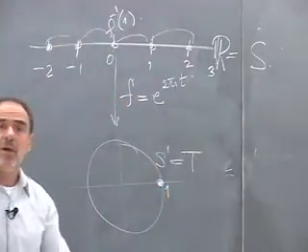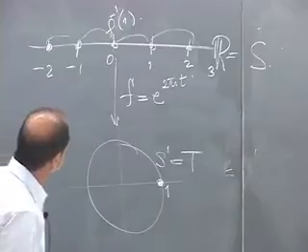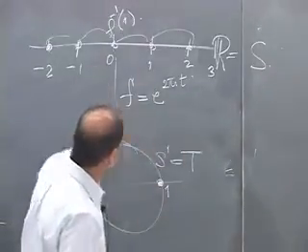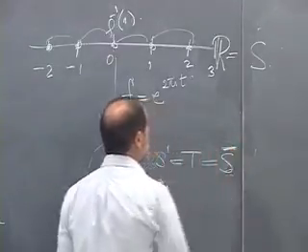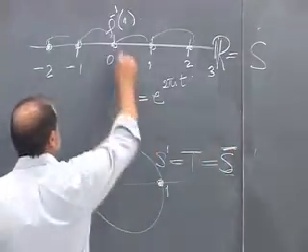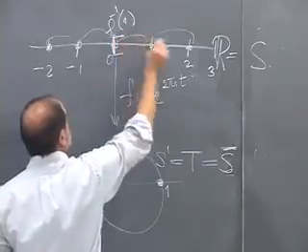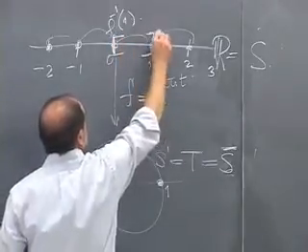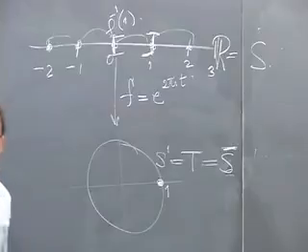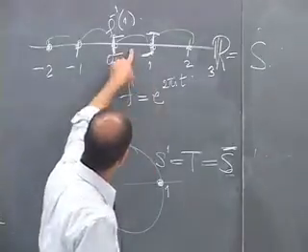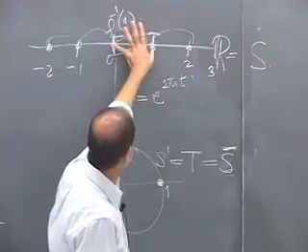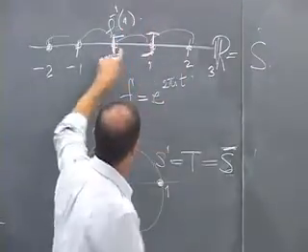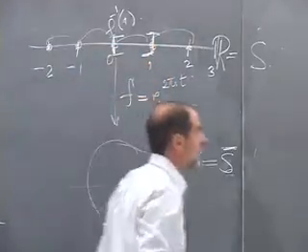And if you thought about what the equivalence classes are, this map happens to be surjective, so T can be identified with S bar. The set of equivalence classes for this map just consists of the interval between 0 and 1 with the endpoints adjoined, because any point has a pre-image in there, and so that identifies the equivalence classes with the circle, because if you link up the 2 points of that interval, you get a circle.